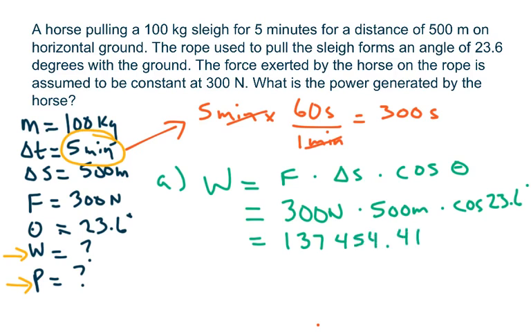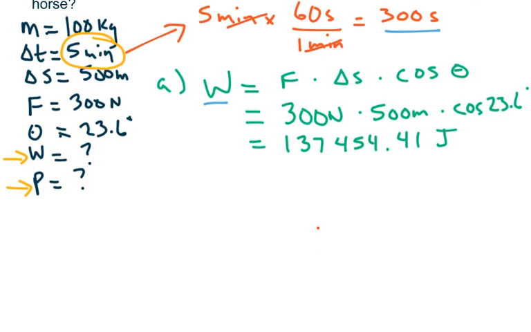137,454.41 joules of work. Now that I have that, I can look at my power, because my power deals with work and it also deals with time. So part B of this is asking me to solve for power. I know that power is going to be equal to the work done divided by the amount of time.